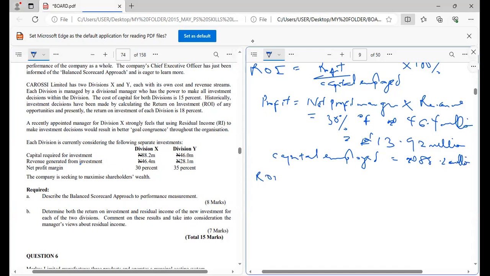So ROI for division X will be 13.92 million over 88.2 million times 100%. Let's multiply.